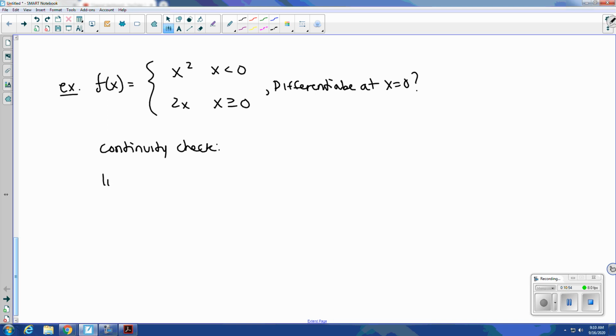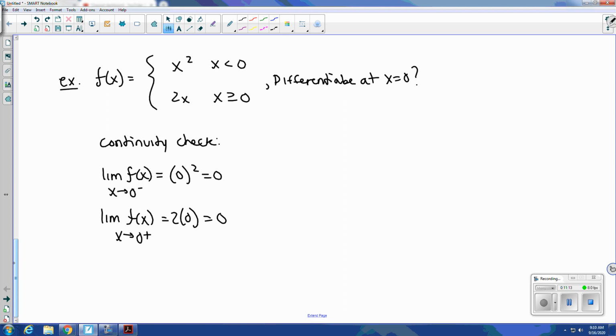we're going to say the limit of f of x as x approaches 0 from the left is equal to 0 squared, which is equal to 0. The limit of f of x as x approaches 0 from the right is equal to 2 times 0, which is 0. f of 0, so again, don't forget to check the output, is equal to 2 times 0, which is equal to 0.